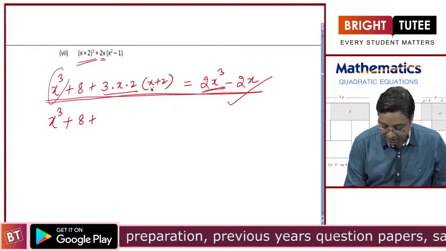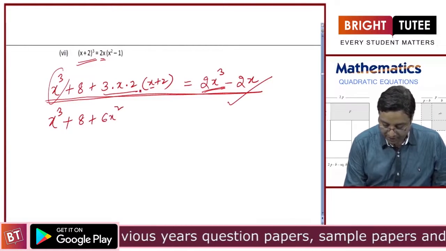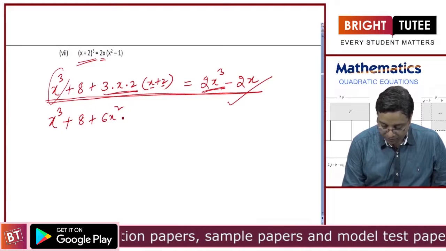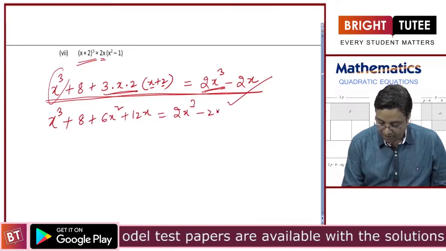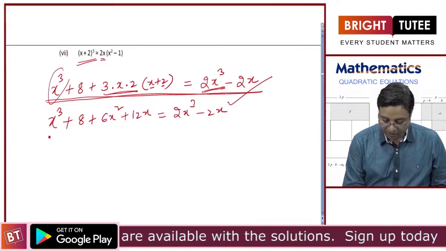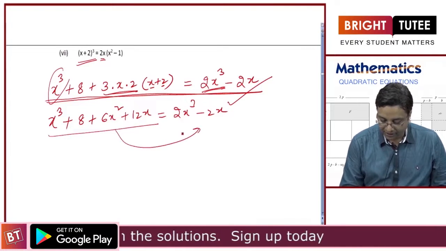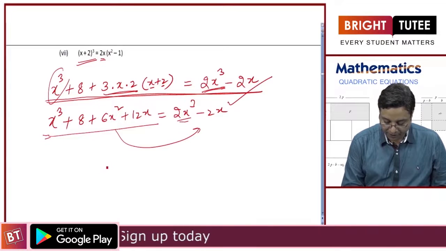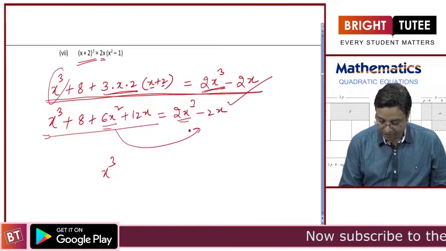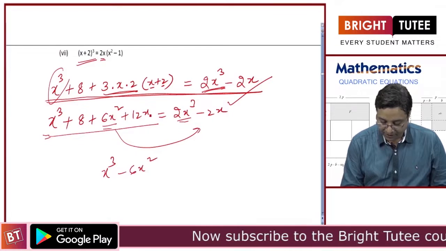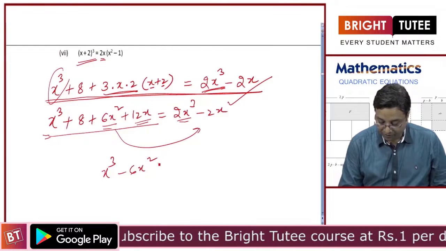It is 6x squared, 6x into 2, 12x equal to 2x cubed minus 2x. When I bring all the terms to the right hand side, 2x cubed minus x cubed will give me x cubed, right. This 6x squared will become minus 6x squared. This 12x will become minus 12x.